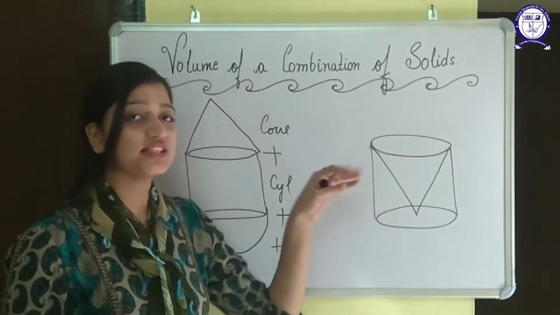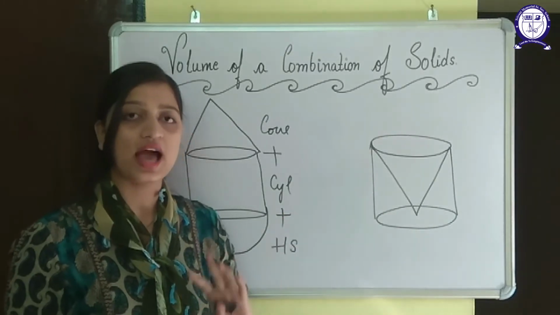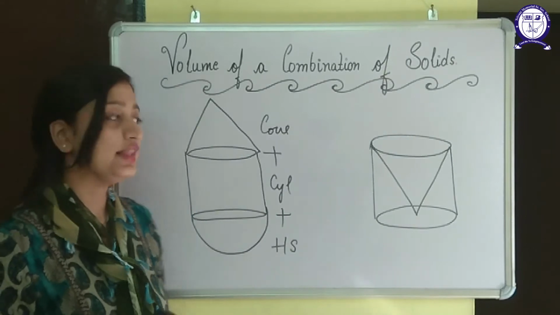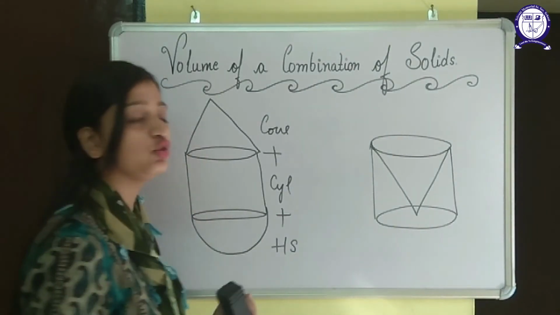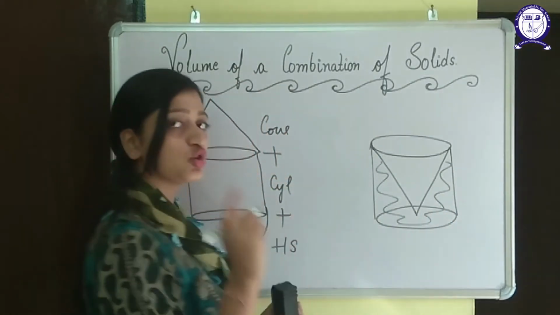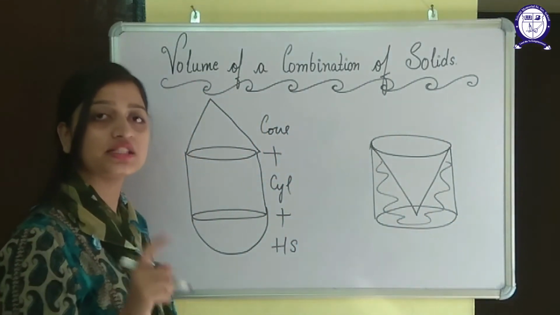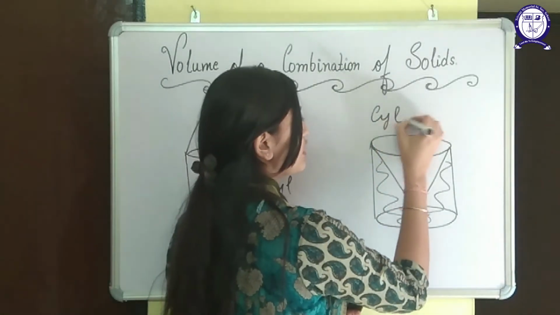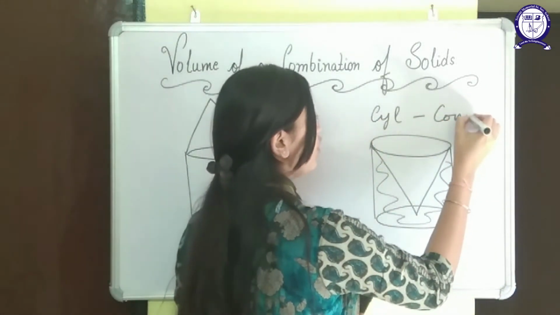Whenever the figure is inside of it, it means that some portion is taken out of the previous solid. That means we only need to find the volume of this left portion. So in this case, we will subtract the volume. The volume of cylinder minus the volume of cone.